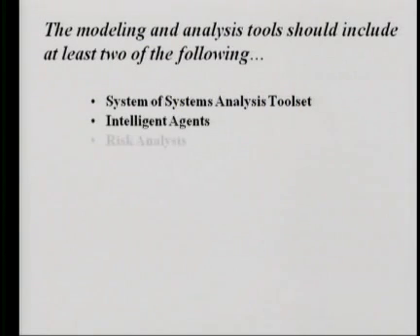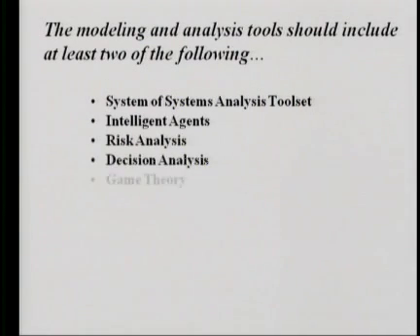Mentioned that in this class you've been given background instruction on 6 different modeling and analysis tools. We spent about a week on each one of the 6 here, a little bit more on the system dynamics. So we got into SOSAT, intelligent agents, risk analysis, decision analysis, game theory, and system dynamics.